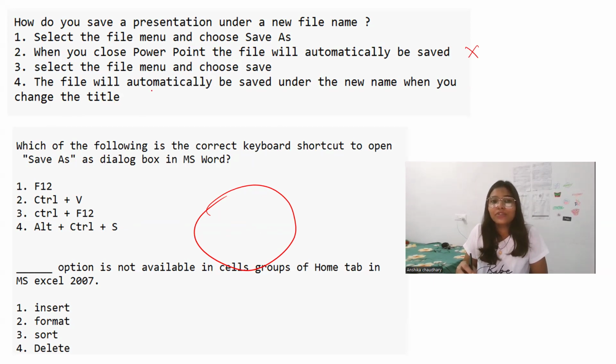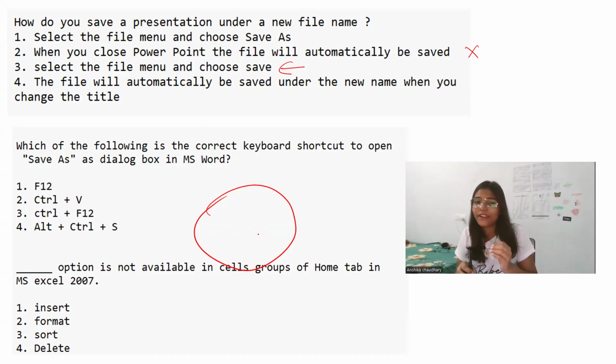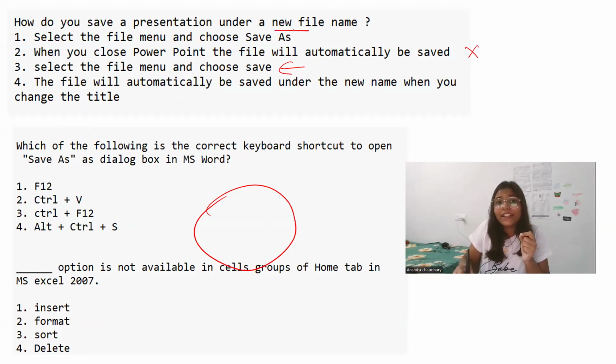Select the file menu and choose save. In save, the file can be saved if you are working on an already existing file and this particular file has some name already, right? But this is saying under a new file name, so it's not an already existing file, so it cannot be the correct answer. The next is, the file will automatically be saved under the new name whenever you change the title.